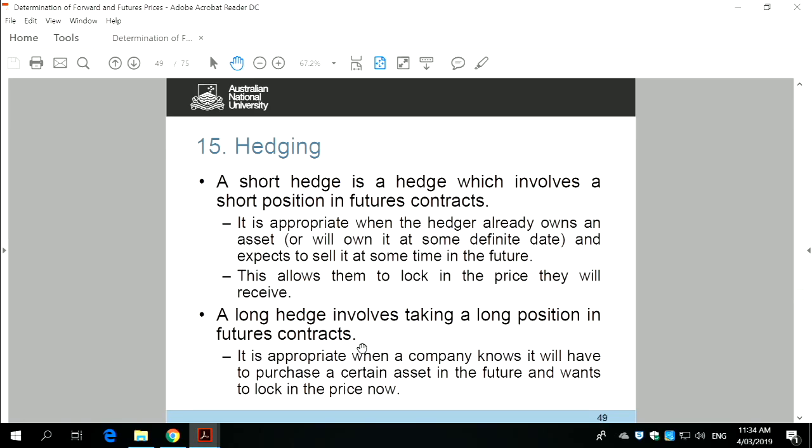We have the intention to buy it, so we worry the price of the bitumen will go up. So we hedged with a long position, right? We entered into a long bitumen futures contract. If the bitumen price increases, we make some money with our long position, and that eliminates the risk. So that's called long hedge and short hedge. All good?